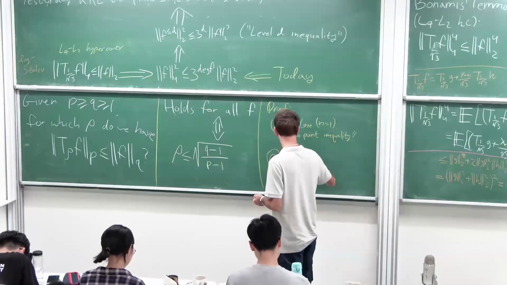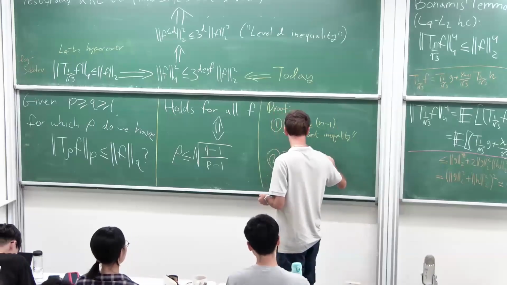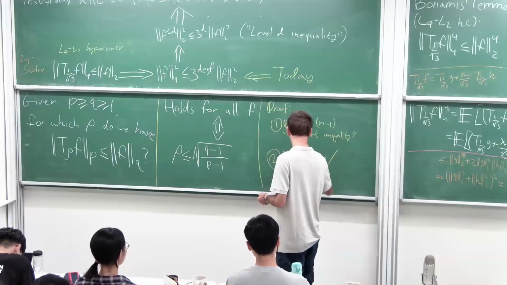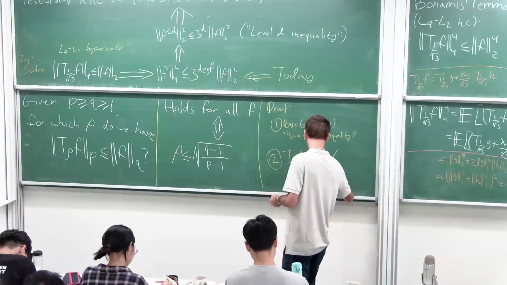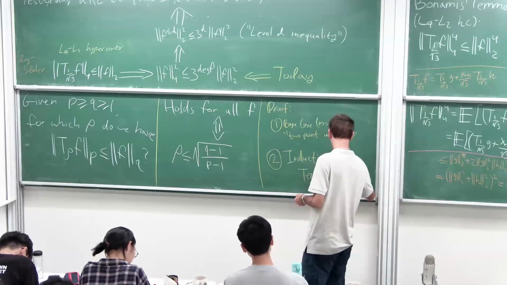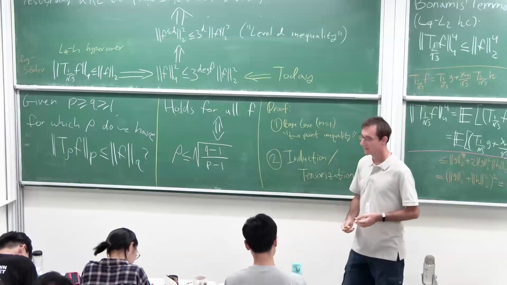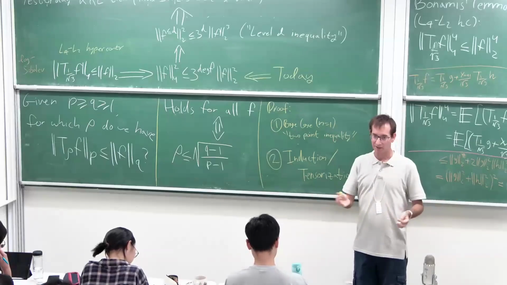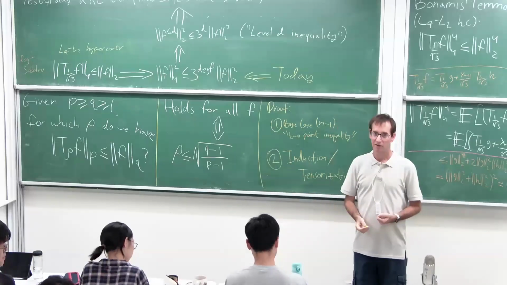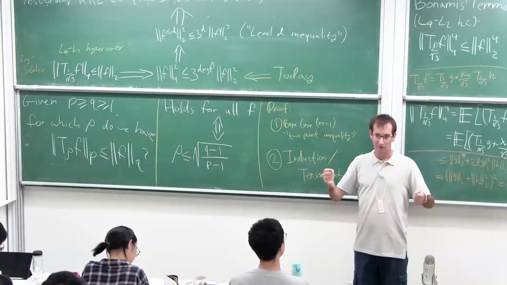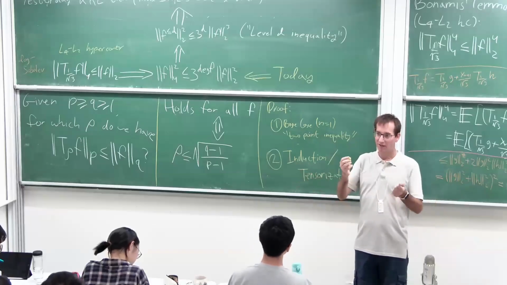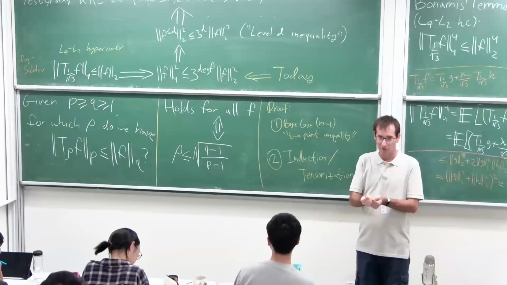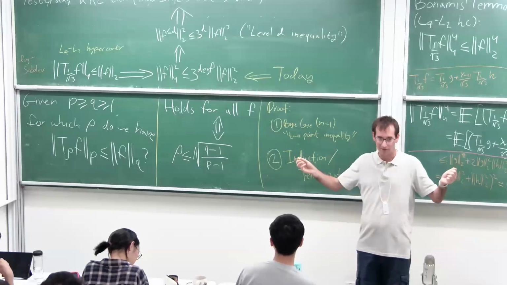Induction, or sometimes it's called tensorization, which is just a fancy name for induction. So the thing is that everything here is defined by tensorizing. So you get the Fourier basis by taking a Fourier basis for plus minus 1 to the 1 and tensorizing it. You define the noise operator by defining it for n equals 1 and tensorizing it.